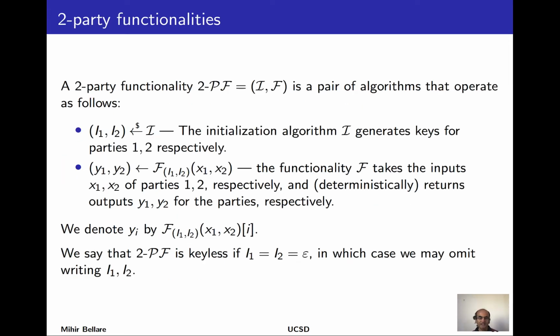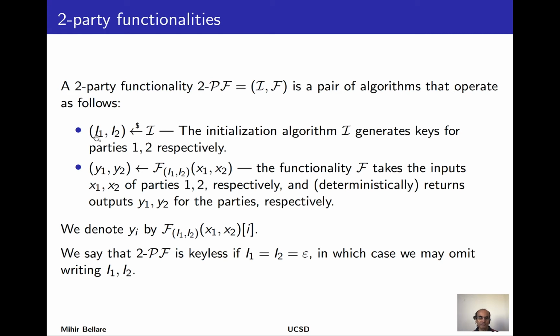So we're going to start studying this problem by trying to formalize a little bit better the task that we're trying to compute. And that object will be a two-party functionality that will be specified by a pair of algorithms which operate like this. The first algorithm is kind of an initial setup. What it does is it generates quantities that we'll think of as keys, which are long-lived.